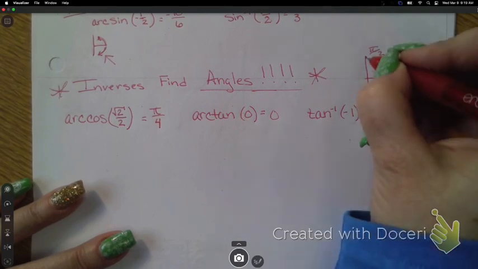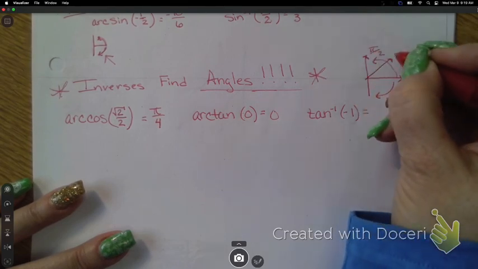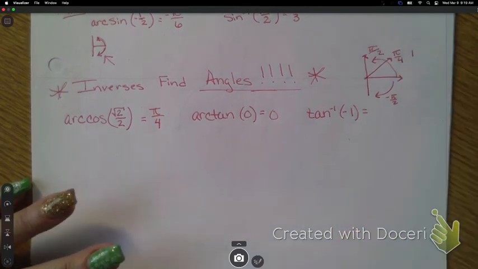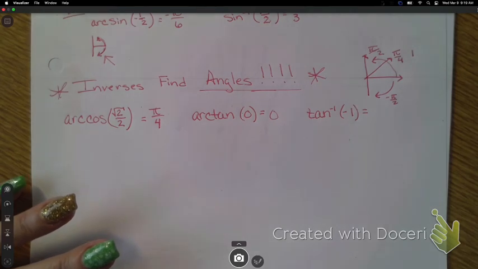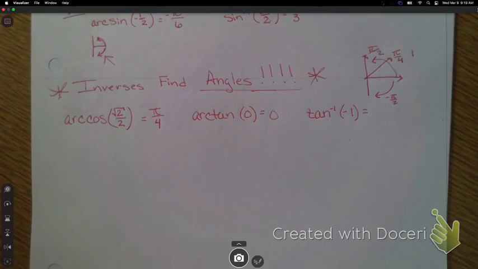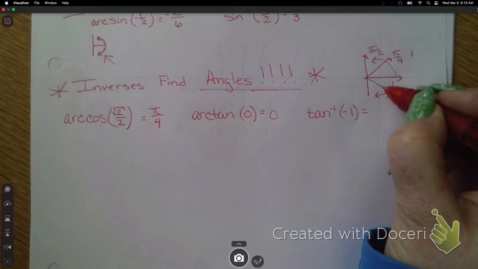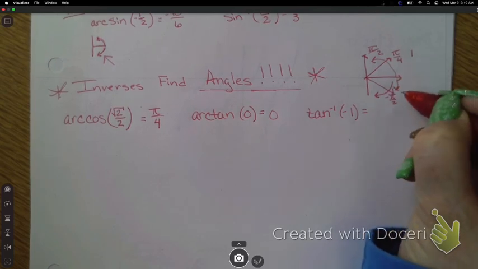So tangent would be 1 at 45 degrees, or pi over 4, correct? What is tangent? Opposite over adjacent. So what's the only triangle that has the opposite and adjacent the same? 45, 45, 90. So tangent is 1 at pi over 4, so where's it negative 1 at? Negative pi over 4.